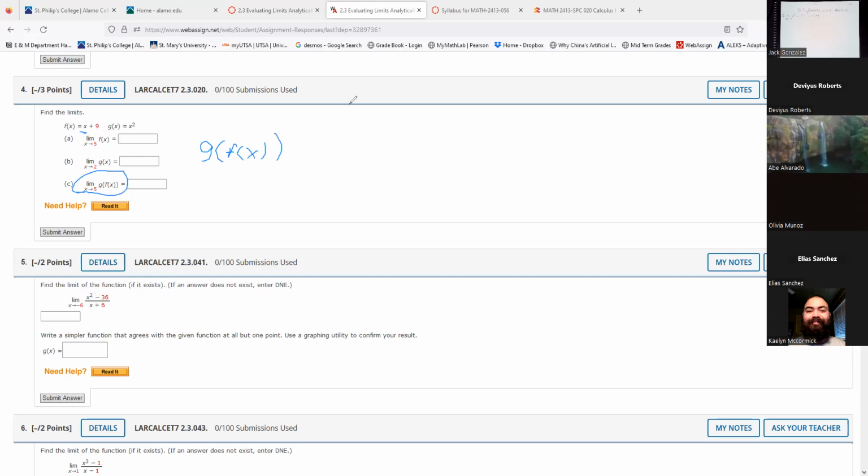Function within a function, right? So f is inside g, and g is this guy. So what does g do? g squares whatever you plug in. So if I plug in this, which is f, it's going to square it, right? So that would be simply x plus 9 squared.